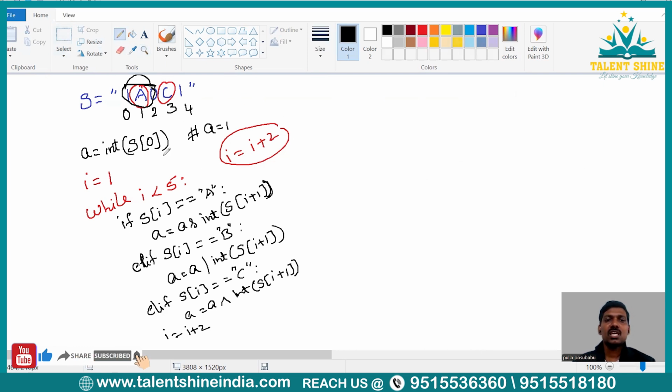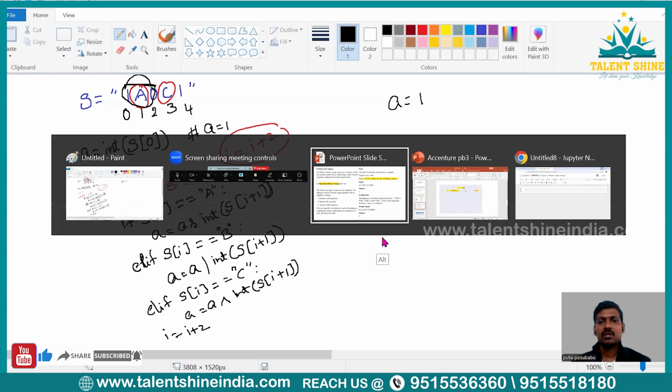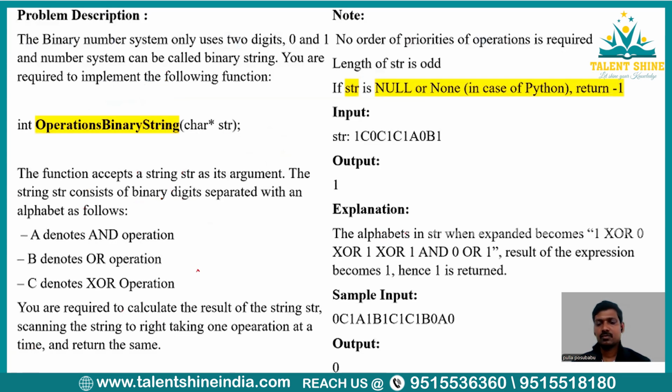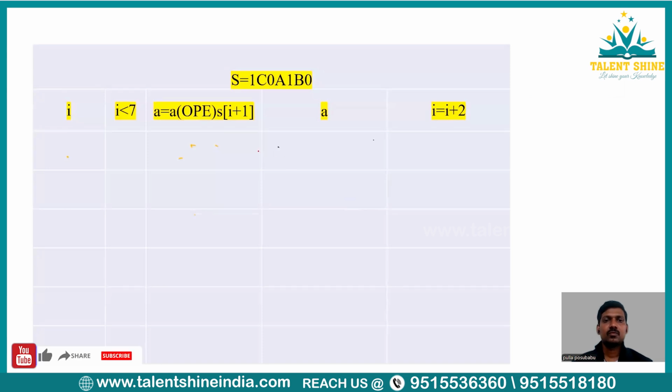So now what is happening initially? A is equal to 1, right? So in A we have 1. Let me apply the same approach so that you could come to know the iterations over here.